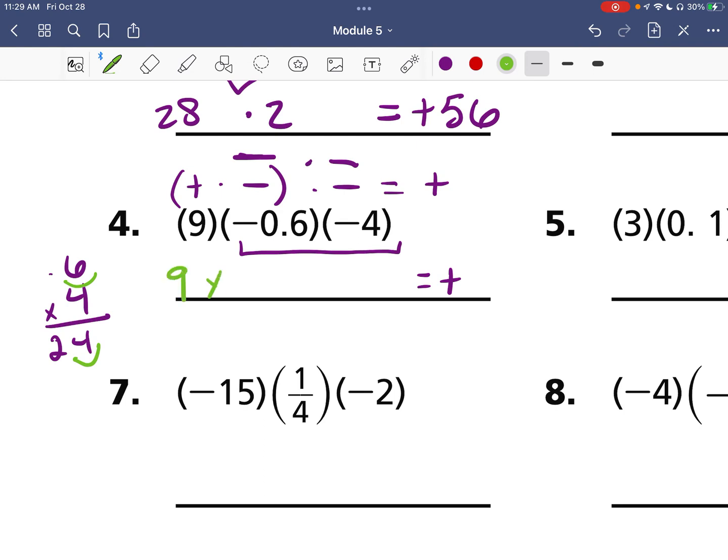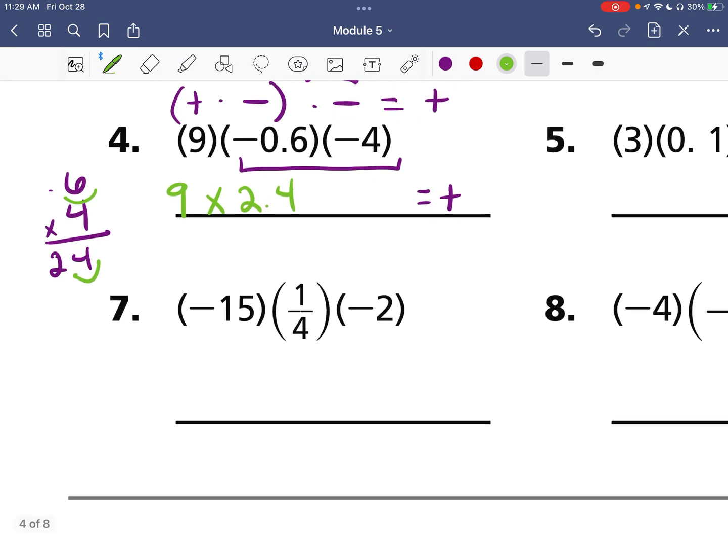9 times 2.4. I'm going to do our 2.4 down here. 9 times 4 is 36. 2 times 9 is 18. 19, 20, 21.